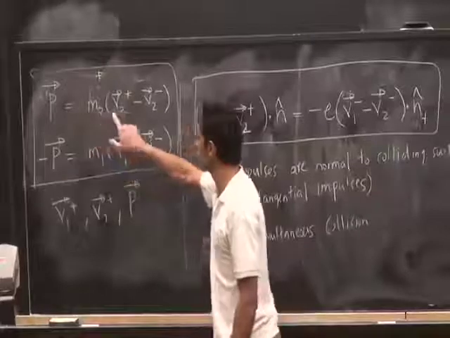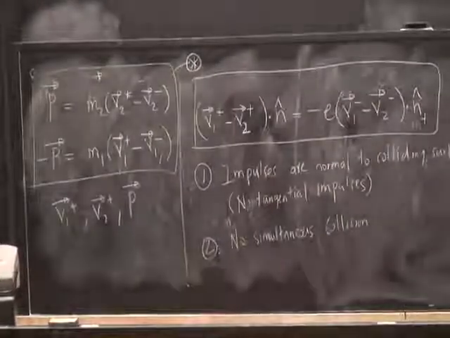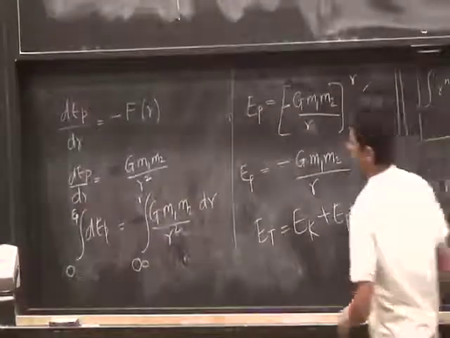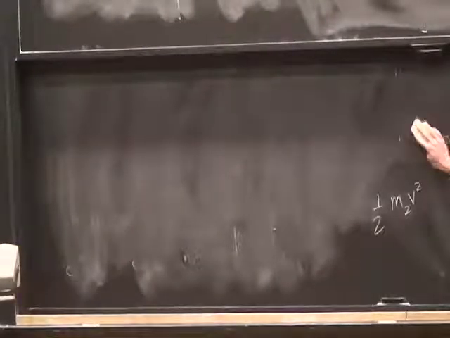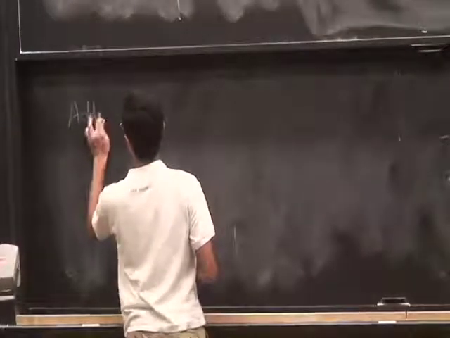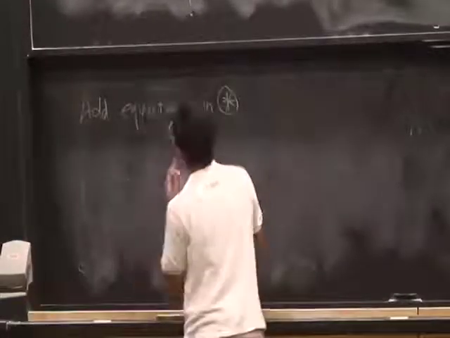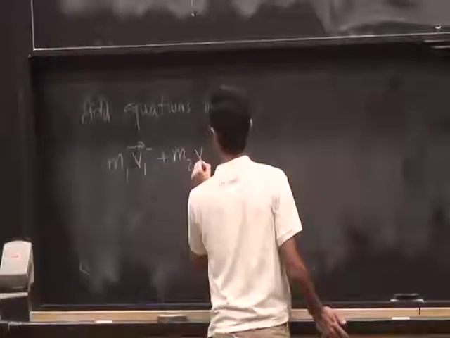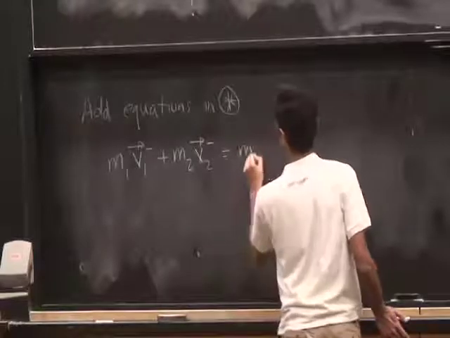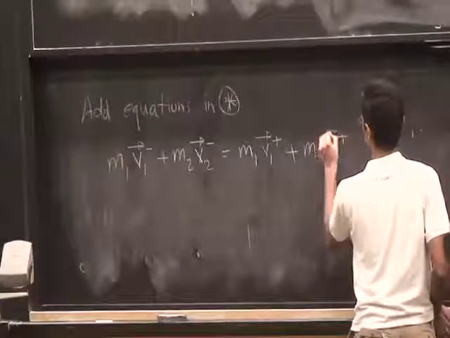If you add these two, this will be 0, and what you'll see is m1 v1 minus plus m2 v2 minus equals m1 v1 plus plus m2 v2 plus.